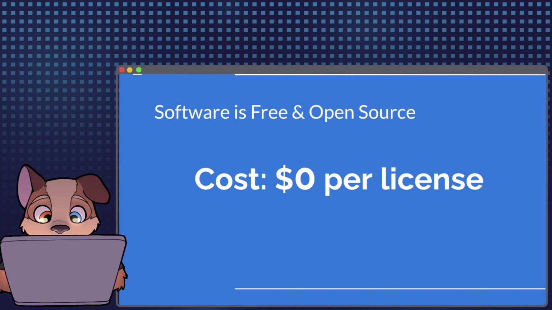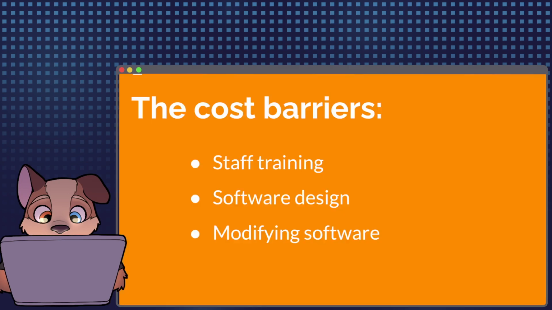The software, again, is free and open source. So in that budget that you're thinking about, the cost per license should be $0. Because the main cost barriers in software development are staff training, the software design and architecture, and then the cost of modifying software that you already have.